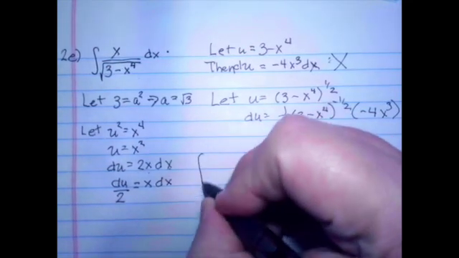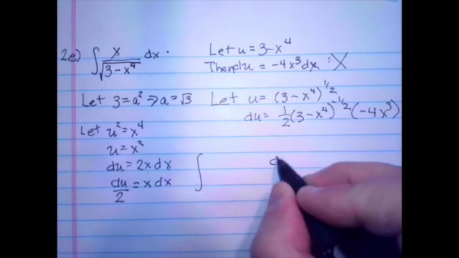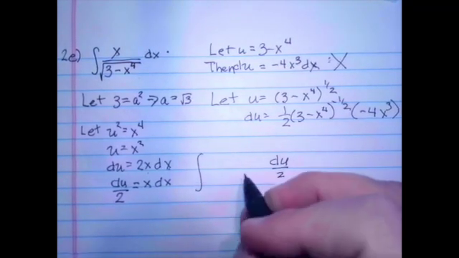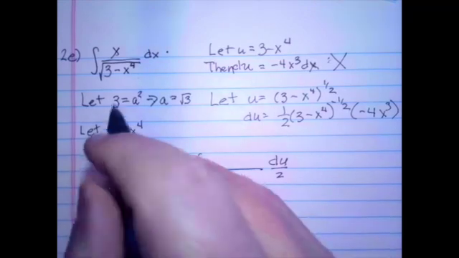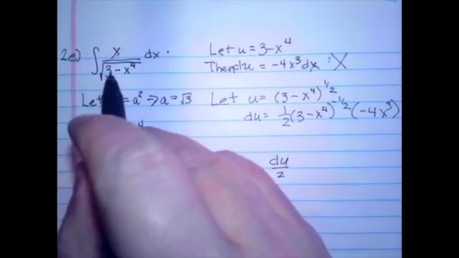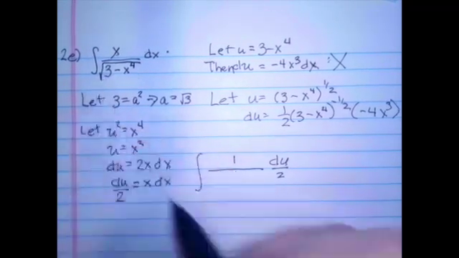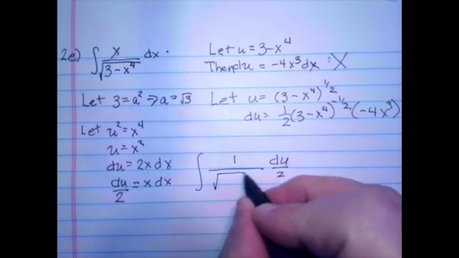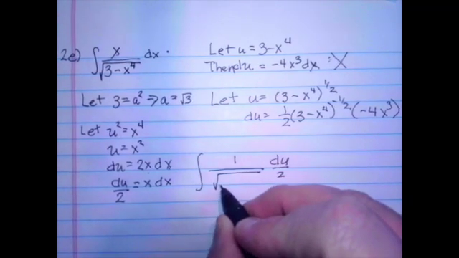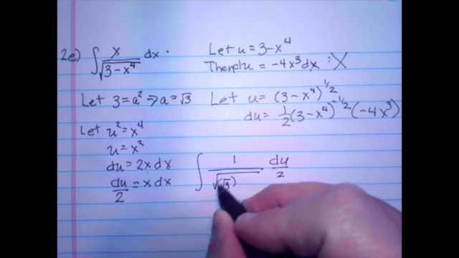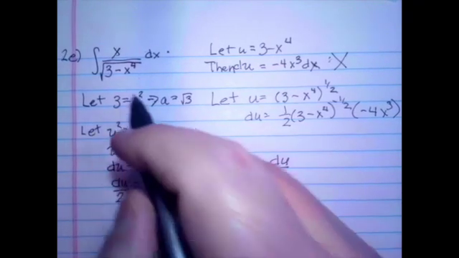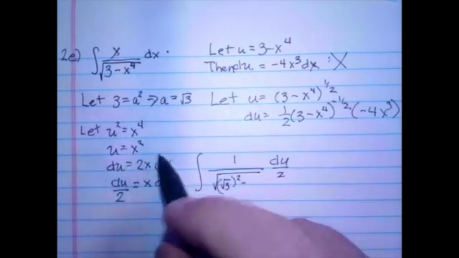So then our integral becomes, well, the x dx, that's du over 2. We have the square root of, and then this is going to be the a squared, root 3 squared, and that's u squared squared, right?